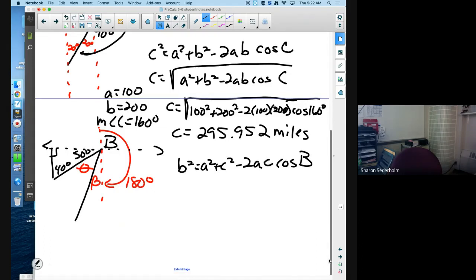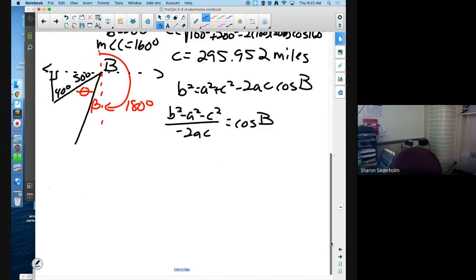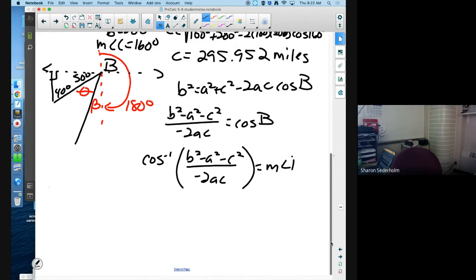And we have to get that solved for the measure of angle B. So let's get cosine of B alone first. And then remember that to find the measure of angle B, we're going to need to do inverse functions. Like so.